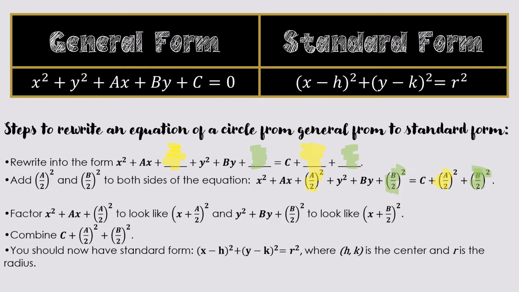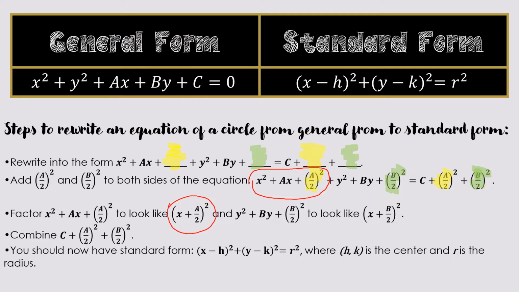After you do that, you are going to factor the x squared plus ax plus a over 2 squared. I know it sounds weird right now because I'm just giving you a bunch of letters. There will be numbers and it'll make a little more sense. It will look like x plus a over 2 squared.